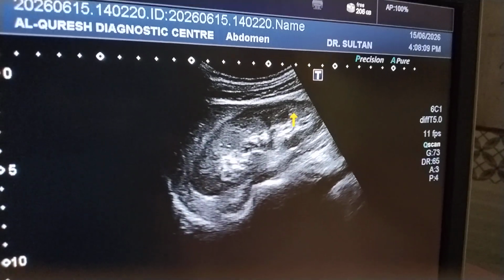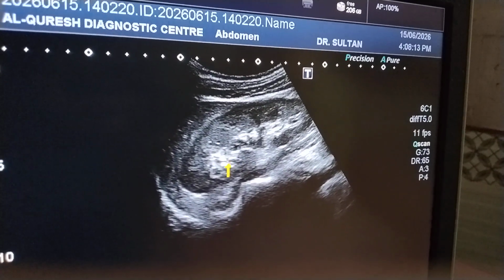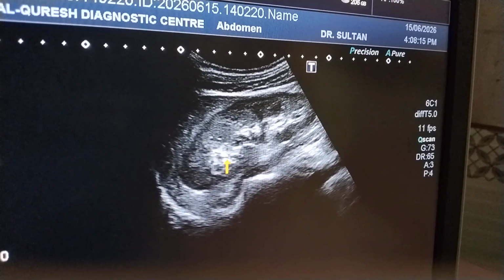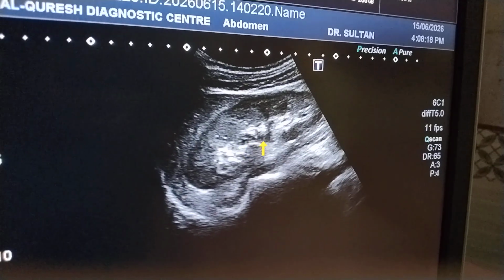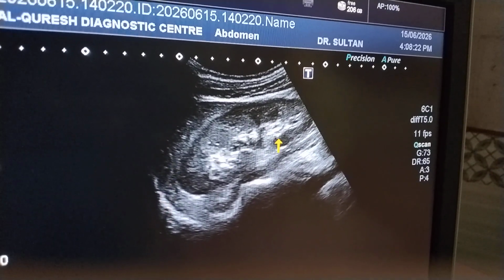renal pelvis is present. Until there is a mild hydronephrosis or until there are dilated vessels, we cannot appreciate the collecting system.